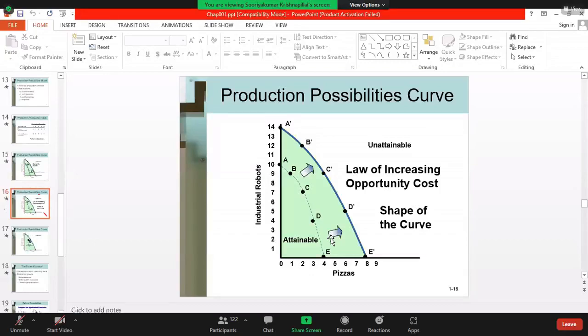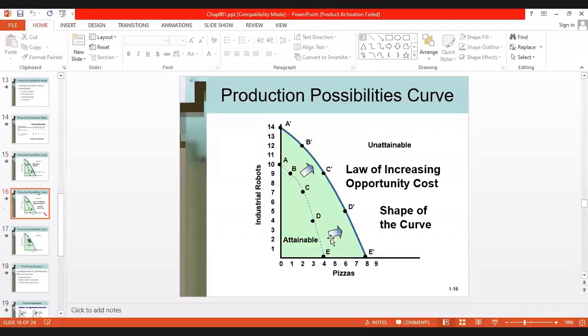In the real world, here we saw 2 dimensions, but we produce many goods, so we would have a multi-dimensional graph. It is difficult to imagine, but we can show this as an equation.